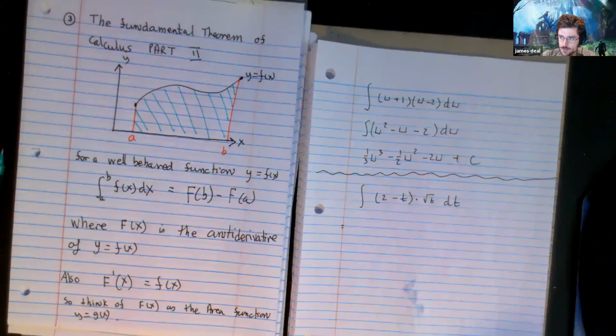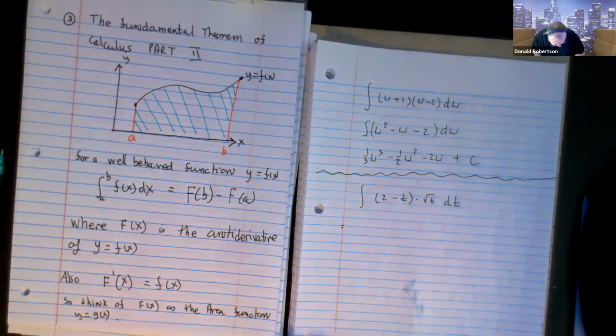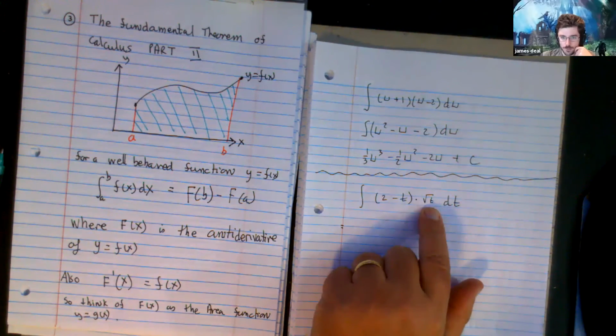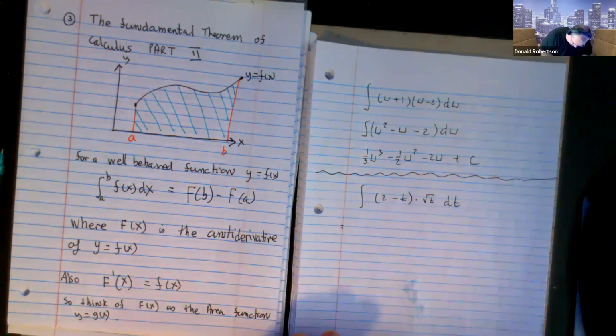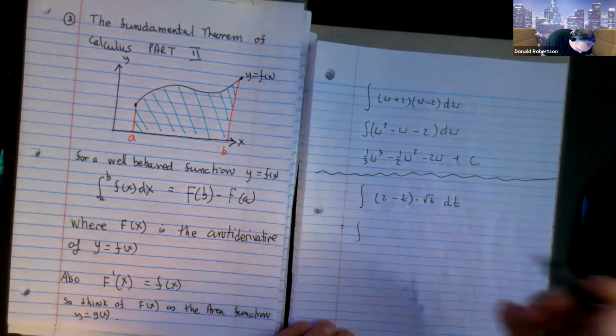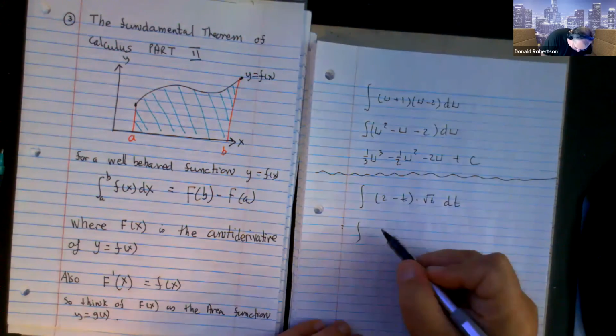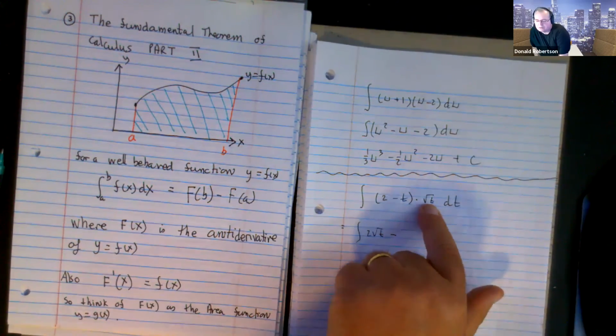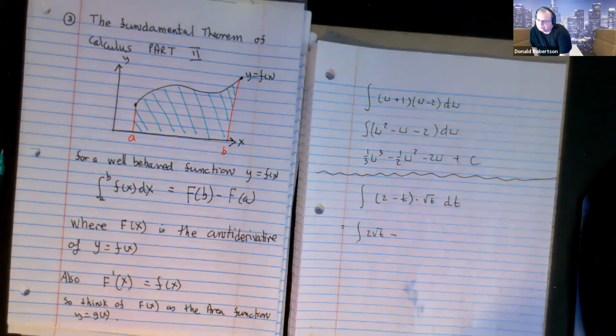Multiply the square root of t in. Multiply the square root of t. Is that what you said? Into the 2 minus t, distribute it. Okay, so that's going to be 2 square root of t's. Okay, what do you get if you multiply t and the square root of t together? 3 halves.